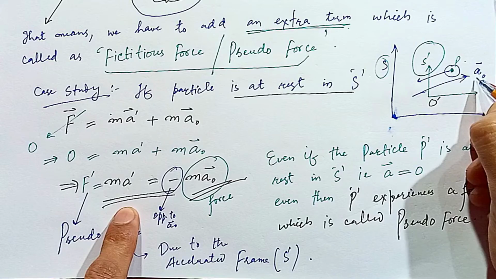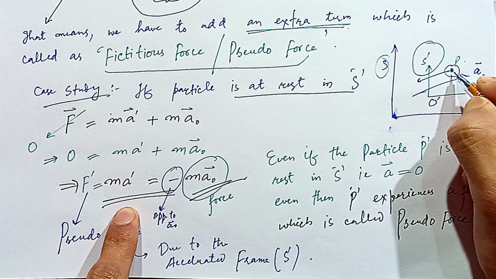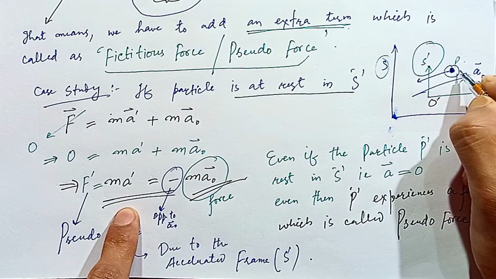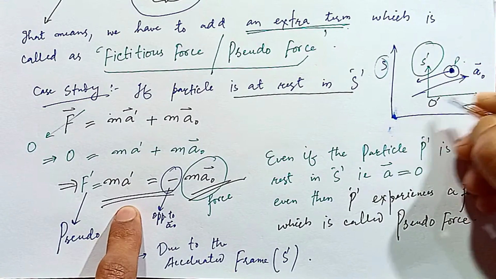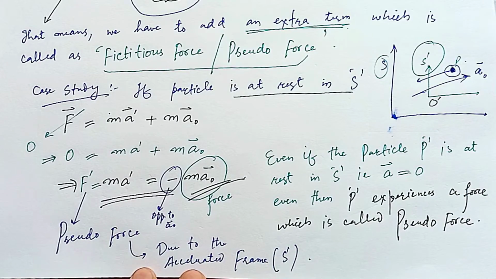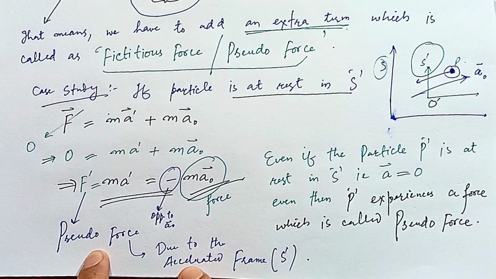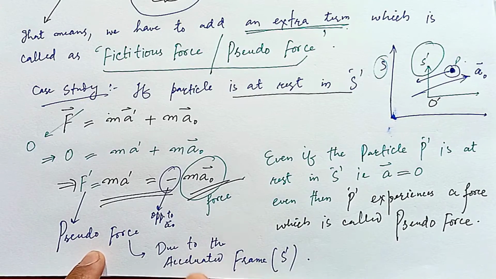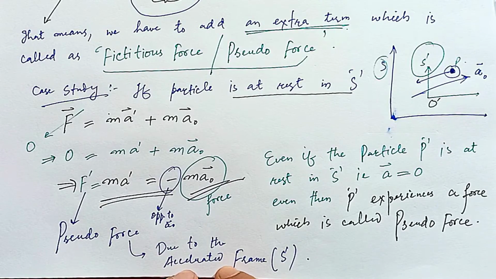If this frame of reference is accelerated in this direction, then the force experienced by this body will be opposite to that of the acceleration, and that force is actually the pseudo-force. It is not some external body causing the force onto this body, but it is because of the accelerated frame of reference.